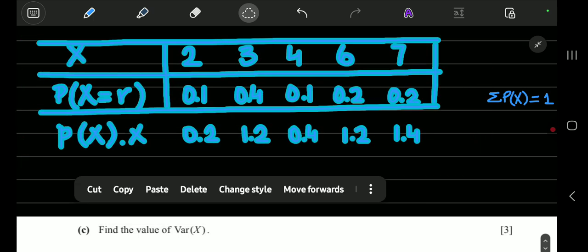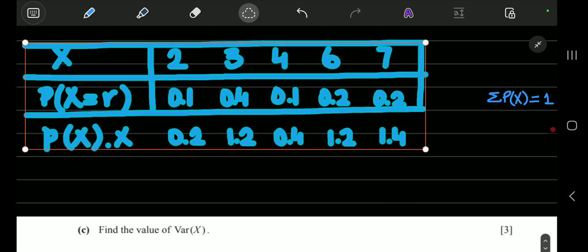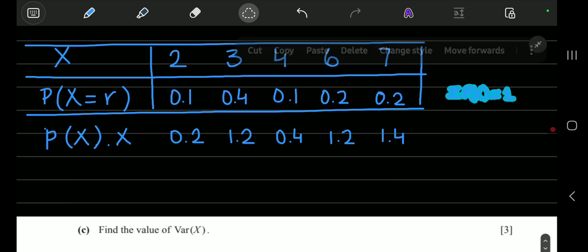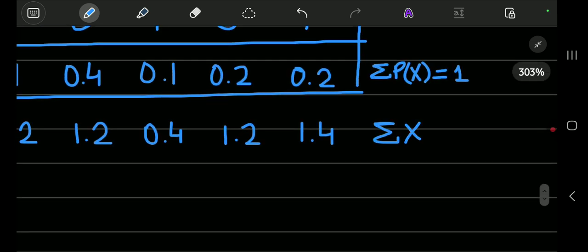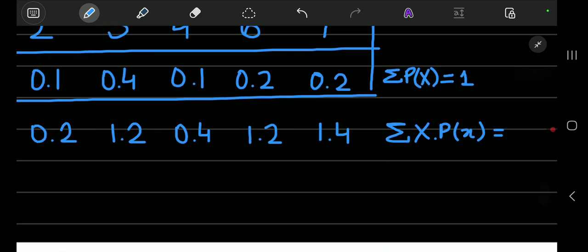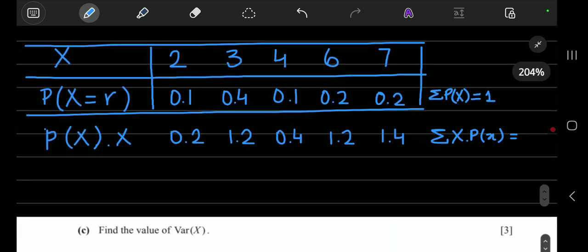So just try and make this a little small so that we can easily write. So what is the summation of x dot p of x? This all adds up to 4.4.